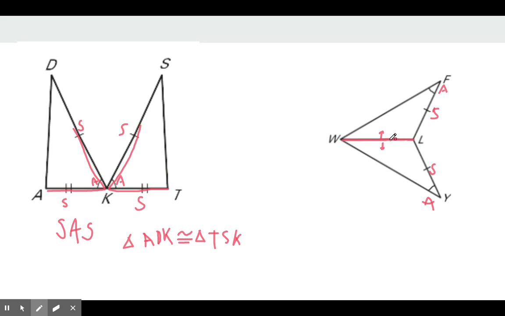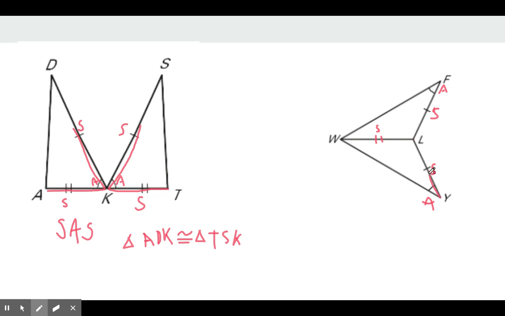And since it's the same exact line for 2 different triangles, even though we weren't given a congruency mark, we know for a fact that this line is congruent because it's the same line. It's going to be congruent to itself. So now we would say, okay, now this is a congruent side. Even though it's not given to us in the beginning, we can still deduce and conclude that this is a congruent side.